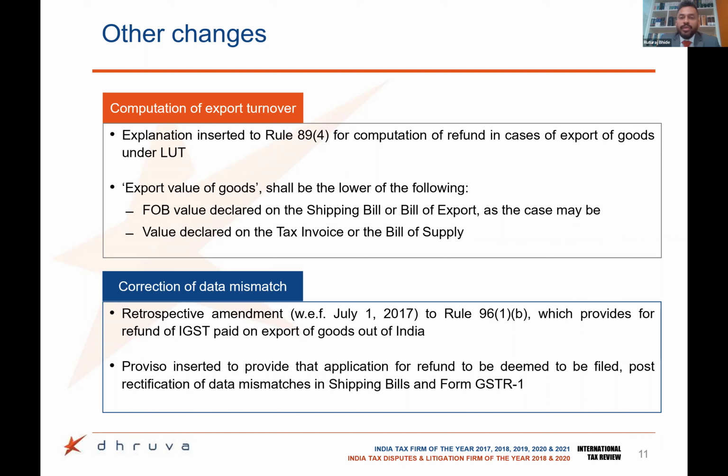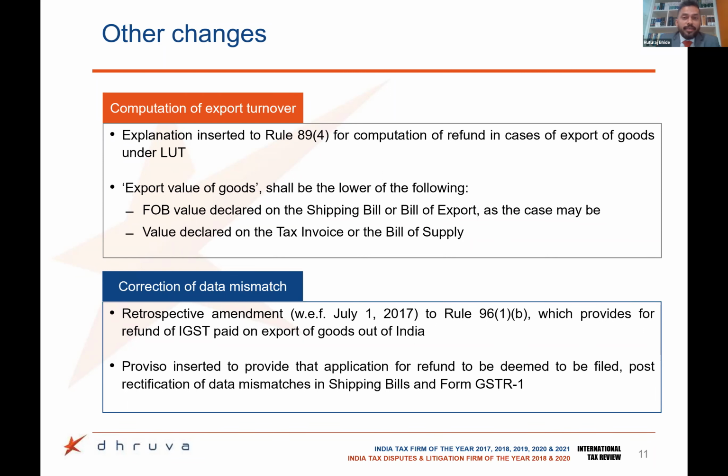The amendment which has come in suggests that it will be deemed that the refund claim has been filed only after all the mismatches have been cleared out. So let's say you exported goods on the 1st of a month, and it took you 2 months to rectify all the mistakes. The refund claim will be assumed to be filed after 2 months, that is, the date on which you have rectified all the mismatches between GSTR 1 and the shipping bill. This is an important change.